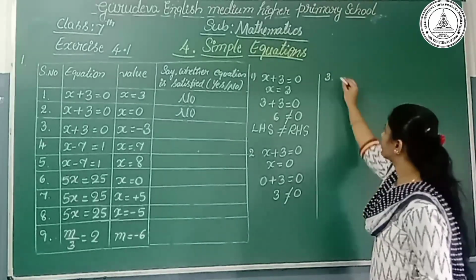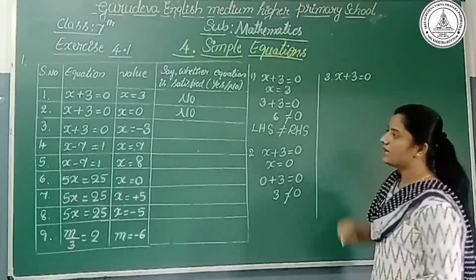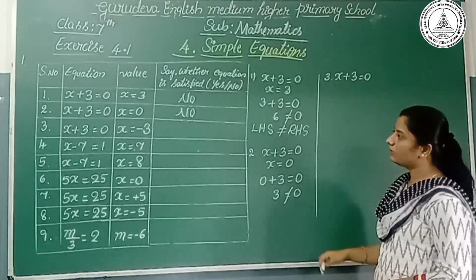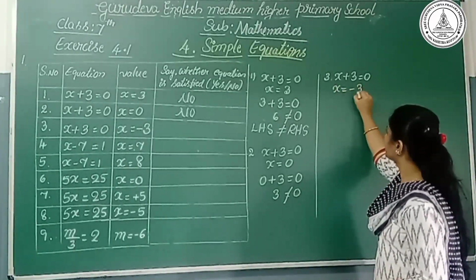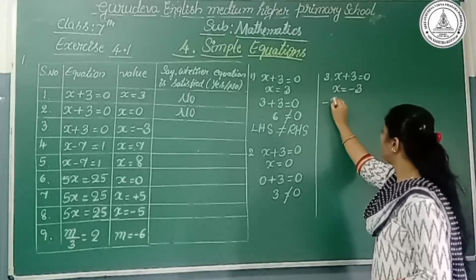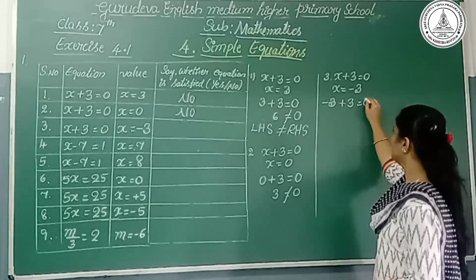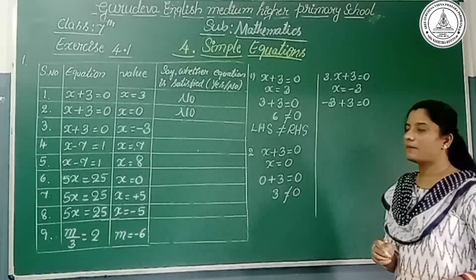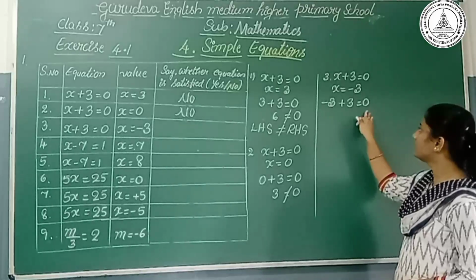The third equation is again x plus 3 is equal to 0, and the value of x given is minus 3. Substitute x equals minus 3: minus 3 plus 3 is equal to 0. We know that the sum of an integer and its inverse is 0.